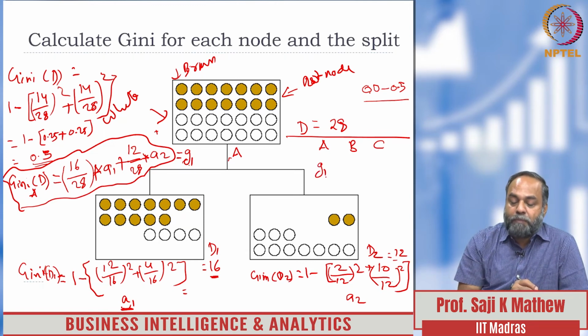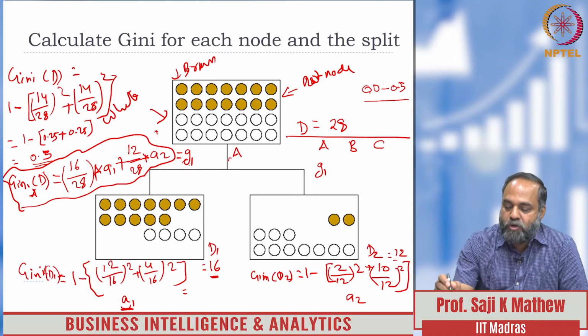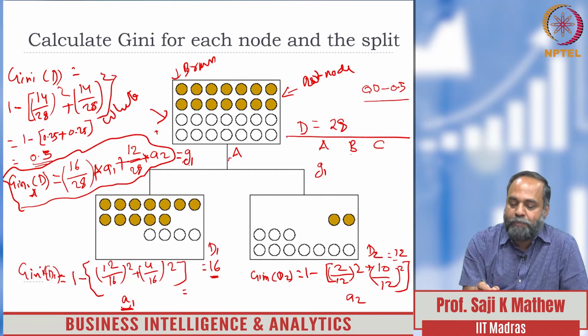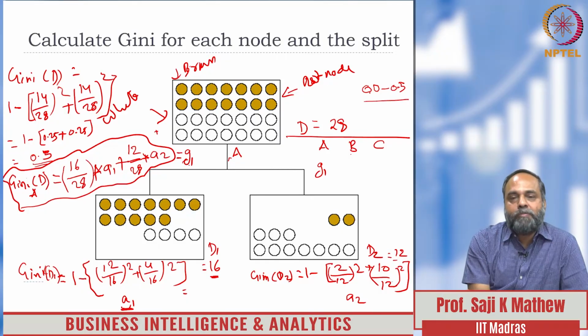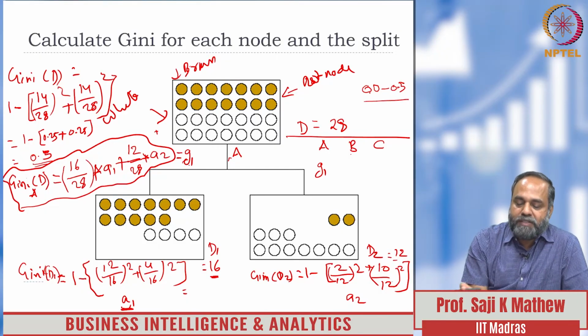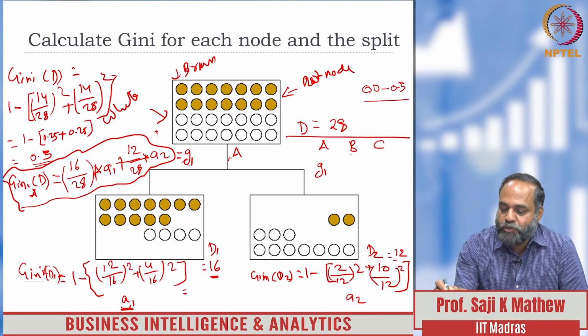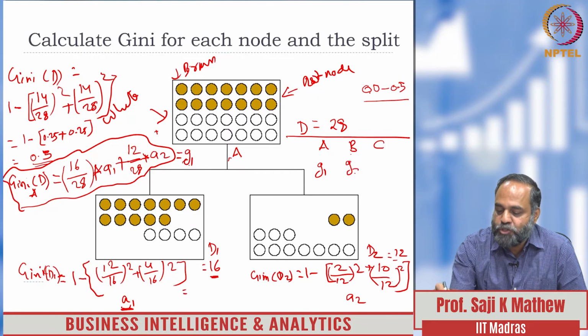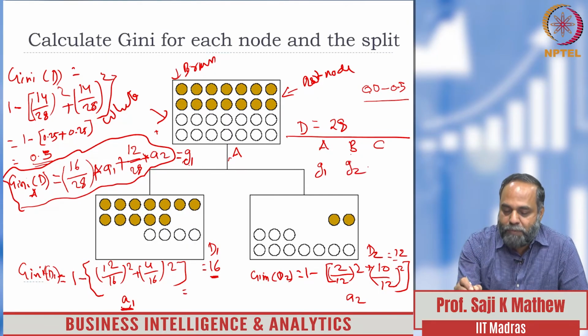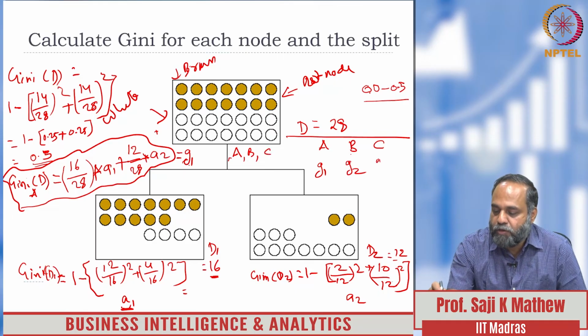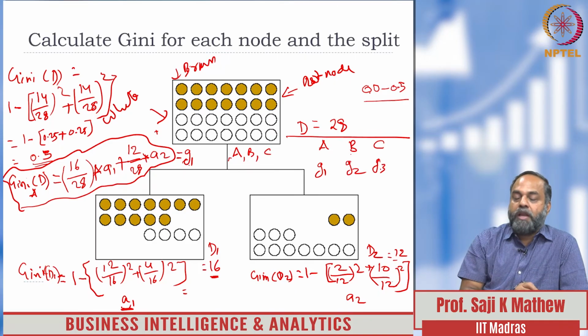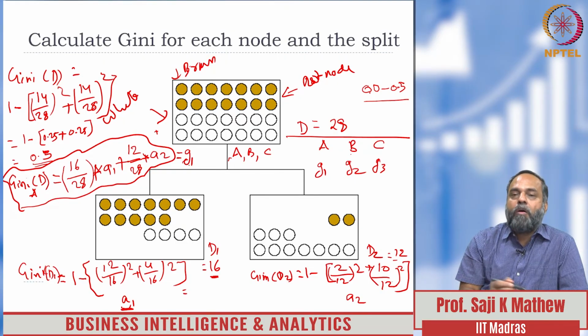Suppose you split based on B, you again recompute, because the subgroups formed will be different in terms of their structure and constitution. So you get a Gini score which is G2 here, and subsequently when you go for C, you get G3. Now the algorithm searches for highest purity, or lowest Gini score.